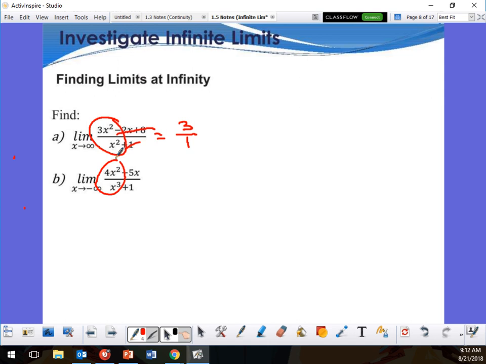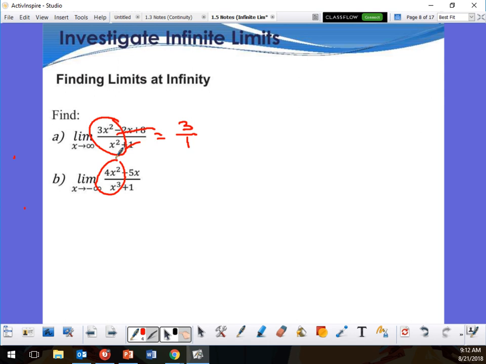Now, looking at these two right here. Are they the same degree? No. Which one's going up faster? The bottom. Now, remember when we were talking about bigger numbers on the bottom. What's going to happen with bigger numbers on the bottom? It gets smaller, and keeps getting smaller and smaller and smaller, right?